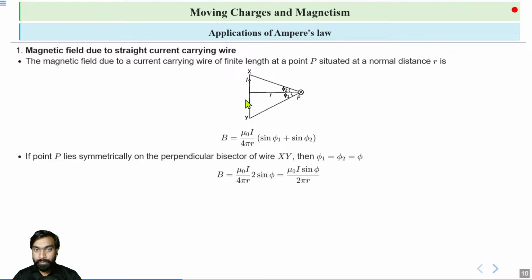So the magnetic field simplifies to B equal to mu naught I divided by 4 pi r into 2 sine phi. Solving this expression, you get mu naught I sine phi divided by 2 pi r.